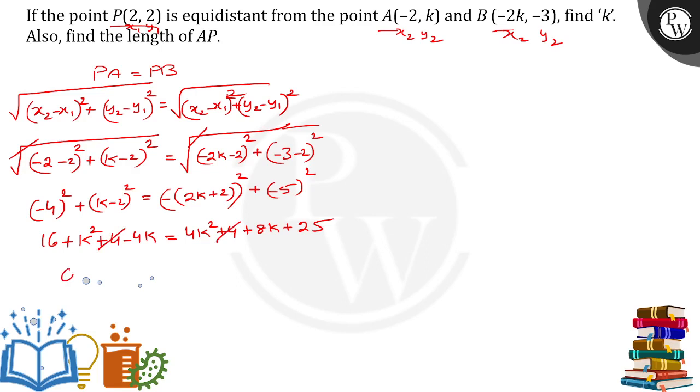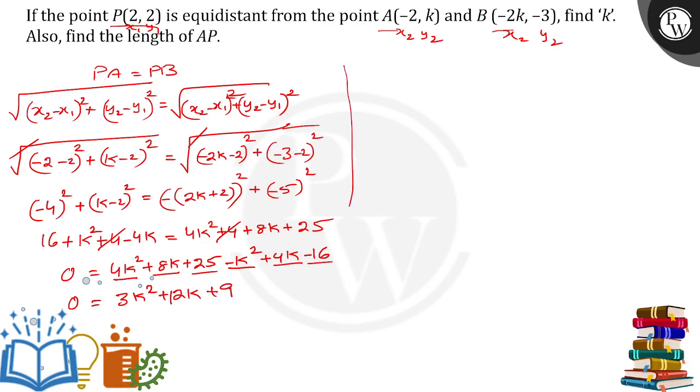So I will get 0 is equal to 4k square plus 8k plus 25 minus k square plus 4k minus 16. So 0 equals 4k square minus k square is 3k square, plus 8k plus 4k is plus 12k, plus 25 minus 16 is plus 9.